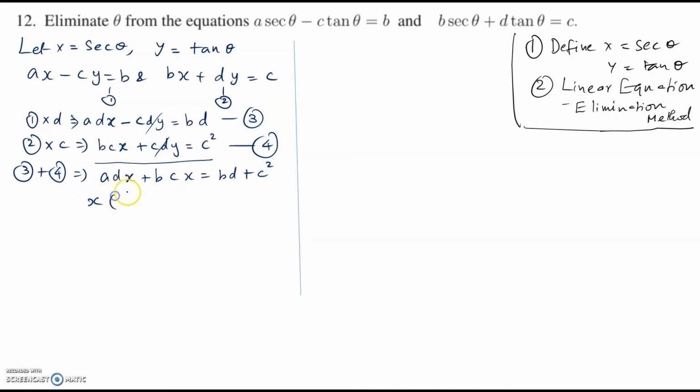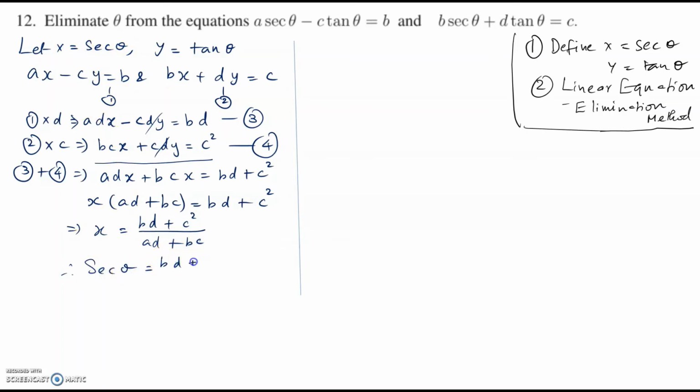So x into ad plus bc is equal to bd plus c squared, which implies your x is equal to bd plus c squared divided by ad plus bc. And we know that x is equal to secant theta. Therefore, secant theta is equal to bd plus c squared divided by ad plus bc.